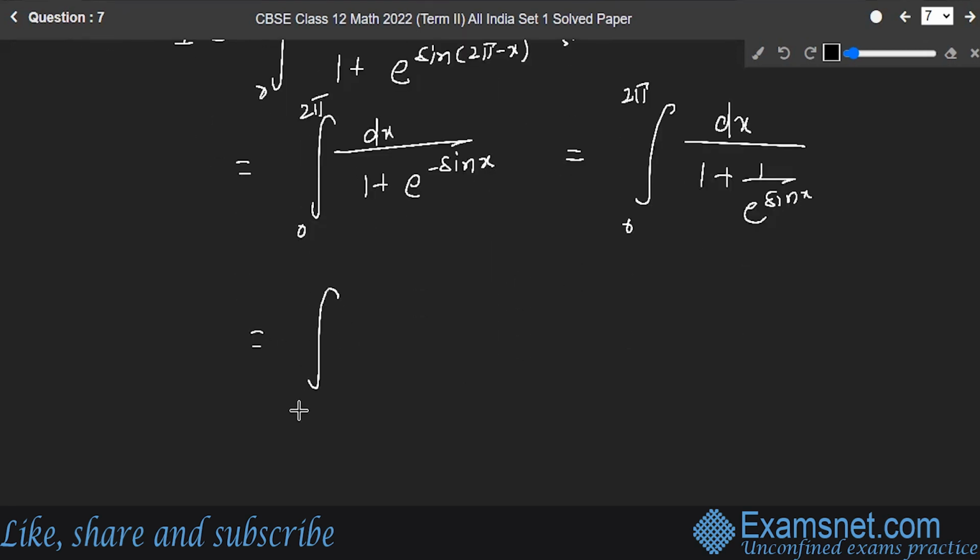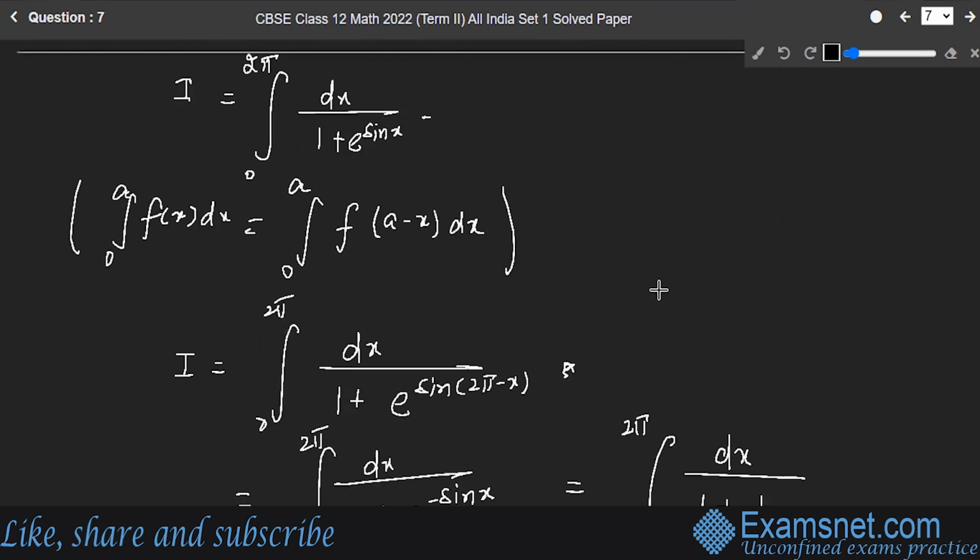So this is the integral from 0 to 2 pi of dx upon (e raised to power sin x plus 1) into e raised to power sin x. I hope you got till here. Now, let's say this is equation 2 and this one is equation 1.